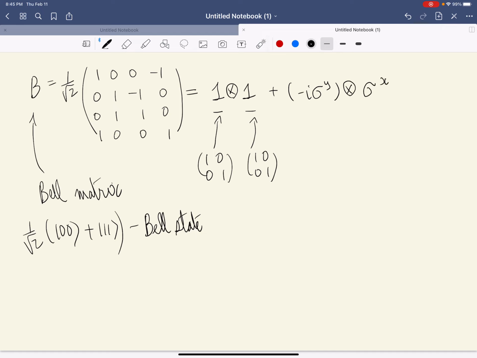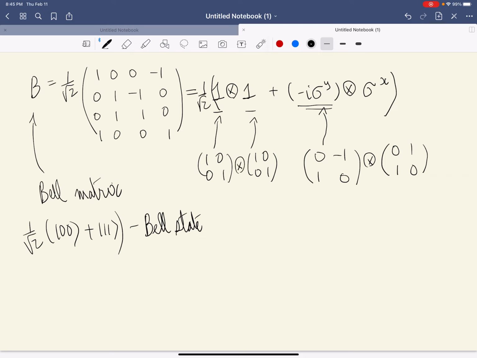And I'm pretty sure I'm missing the overall factor of 1 over root 2, so let me put that in. Actually, the proof is quite straightforward. You can almost do it with your eyes. Minus i sigma y is 1 and minus 1 over here, and sigma x is 1 and 1 here.